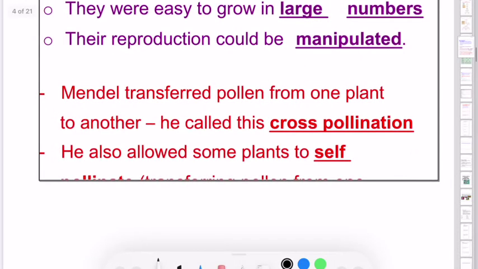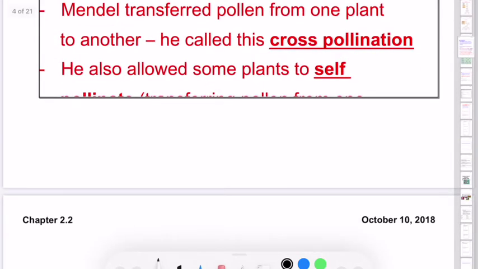Mendel transferred pollen from one plant to another, and he called this cross-pollination. He also allowed some plants to self-pollinate or self-fertilize. That's sort of cut off there, but what we're talking about here is that self-pollination can happen in plants. It can't happen in humans.